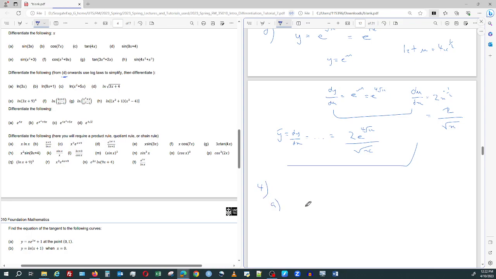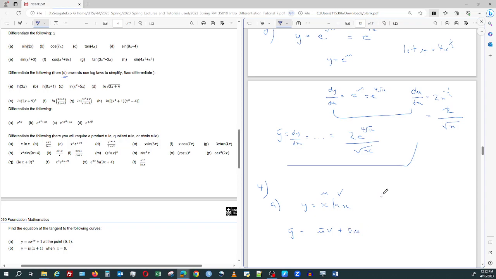Part A is a product rule. So y equal to x ln of x, which implies u and v, a product. So y dash implies... okay.